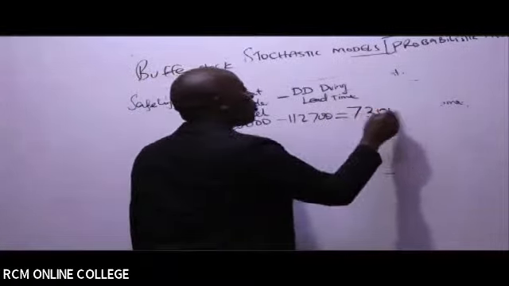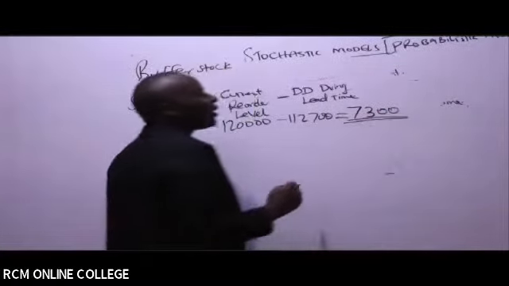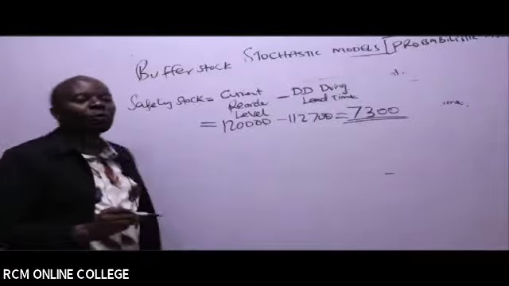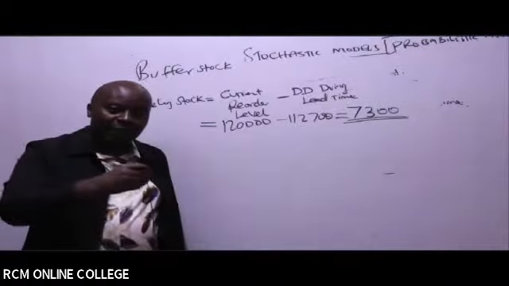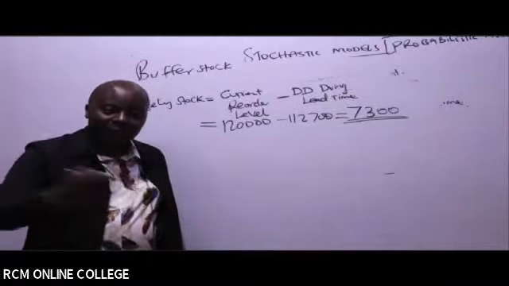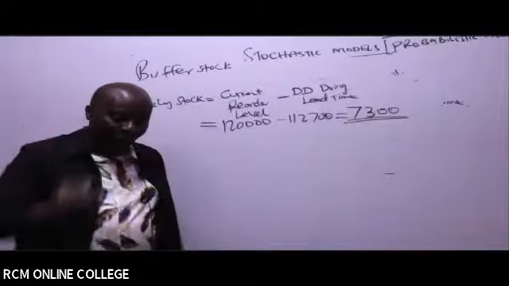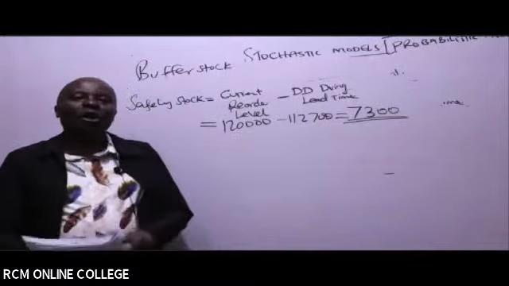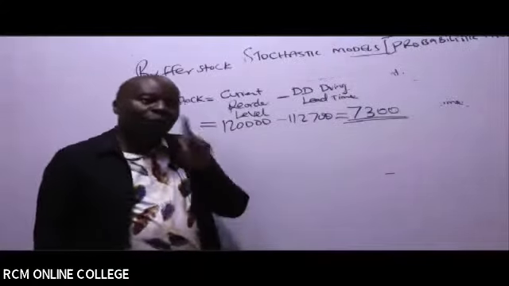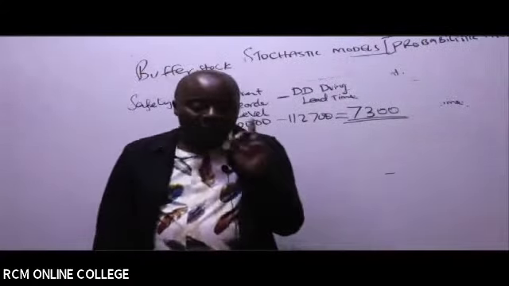Especially for those of you who are working in sensitive institutions like hospitals, you cannot afford to have medicine just along the edge. No, we need to keep something a little bit more. So 7,300 is our safety stock. That stock we are keeping without an intention of consuming.